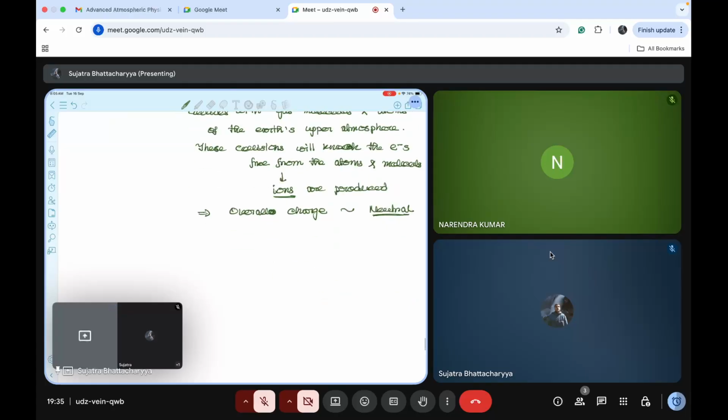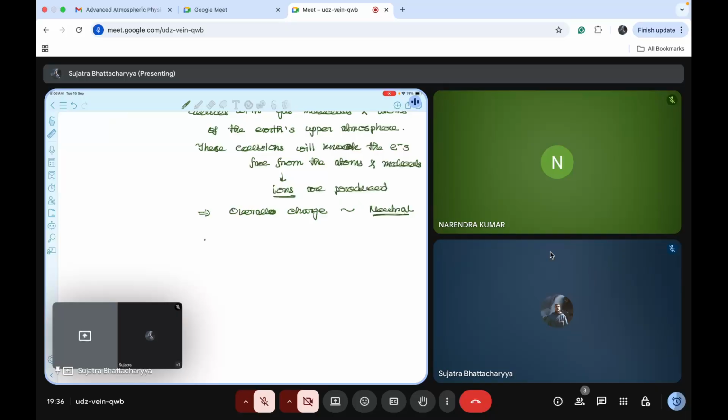Next, let us write a couple more things. I think in the main lecture notes, you might find several plots that show how the concentration or the density of different charged particles or ions changes with altitude, height.